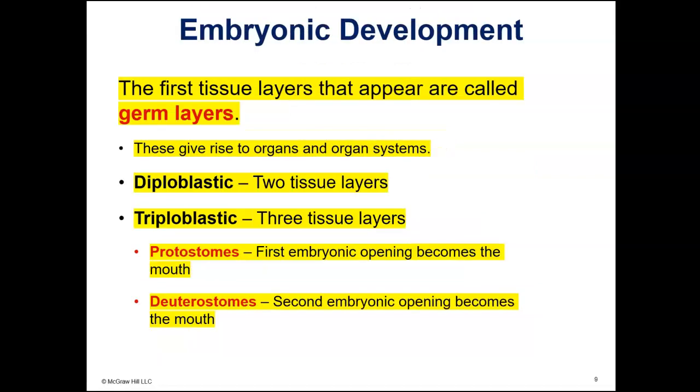Now, with embryonic development, the first tissue layers are called germ layers. And the germ layers give rise to the organs and the organ systems. If an animal has no germ layers, they have no tissues, like a sponge, for example. The sponge literally has no tissues.